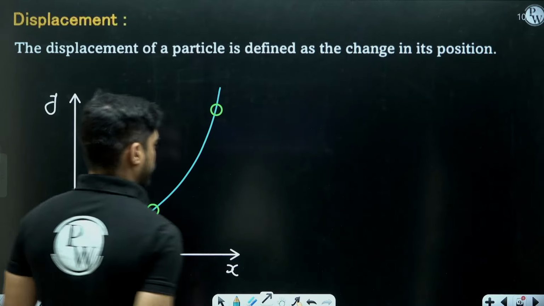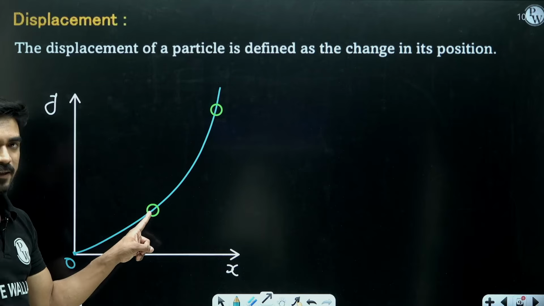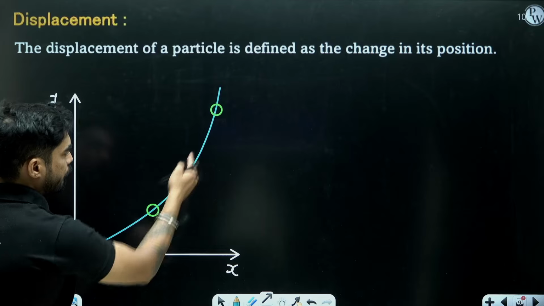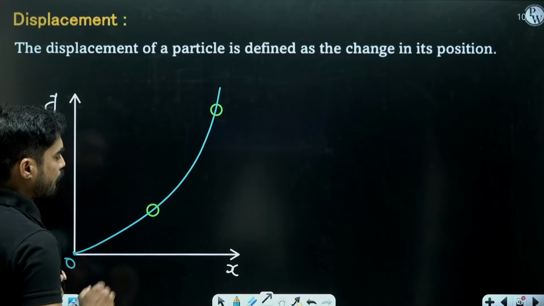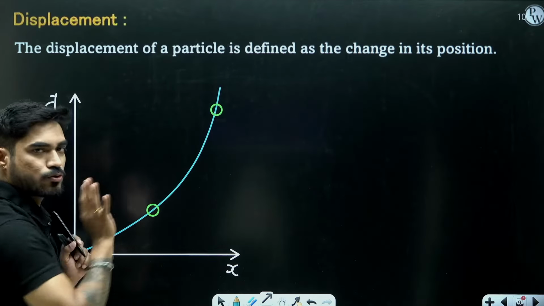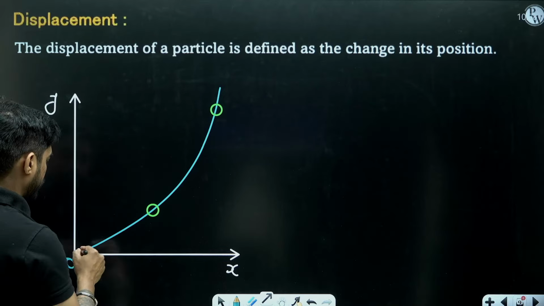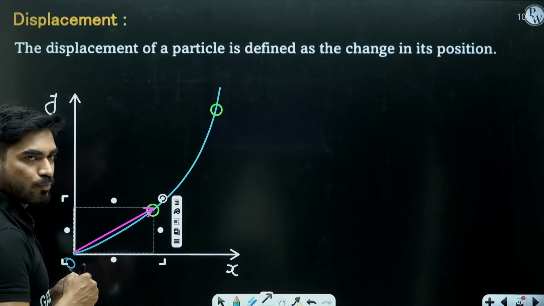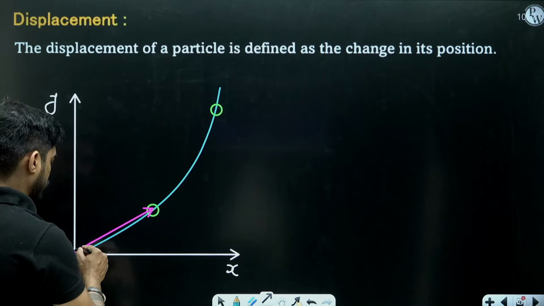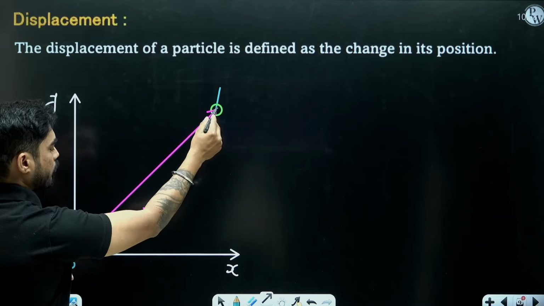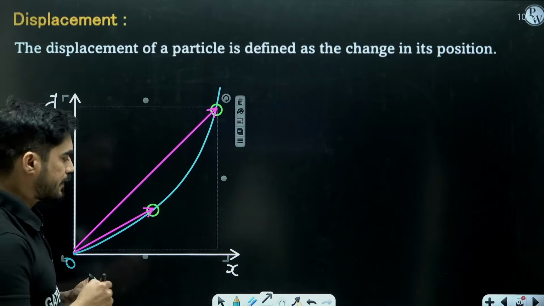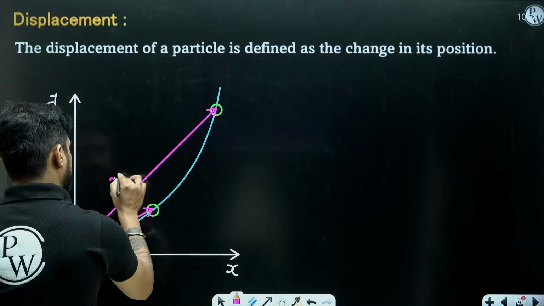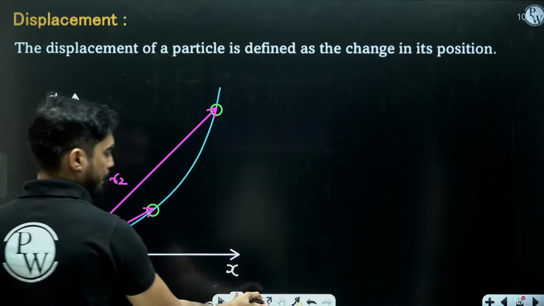Now understand, this is the initial position of the particle, this is the final position of the particle. The particle moved from here to here. I need to find the displacement between these two positions. Let me call this one R1 and this one R2.